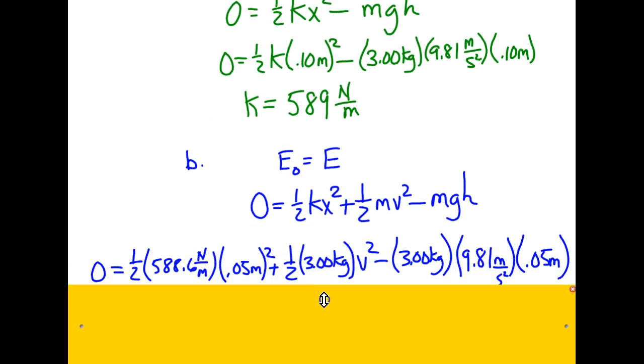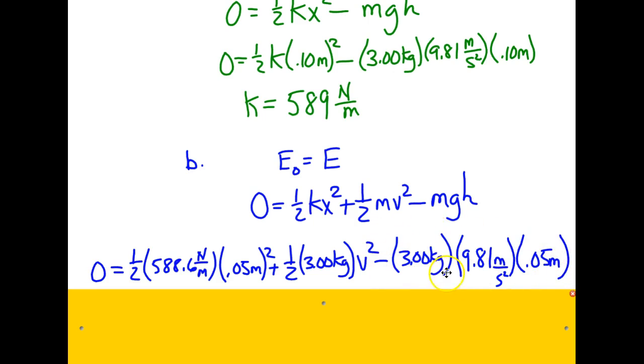We go ahead and substitute. We have our elastic potential is 1/2 times 588.6 newtons per meter, using the non-sig fig value, times 5 centimeters, 0.05 meters squared, don't forget to square, plus 1/2 times 3 kilograms times v squared, there's our kinetic energy, minus our 3 kilograms times 9.81 meters per second squared, and our drop height of 0.05 meters, again there's your 5 centimeters.